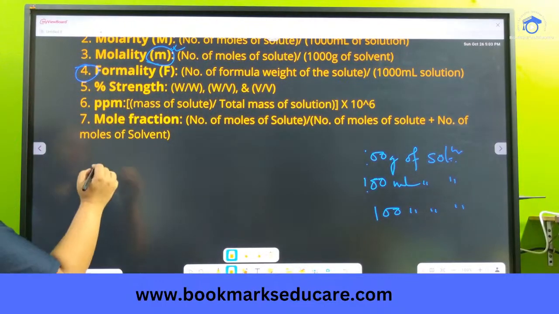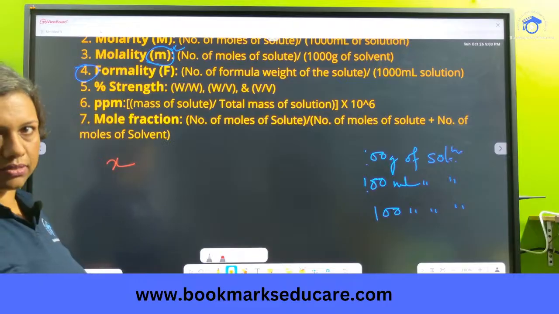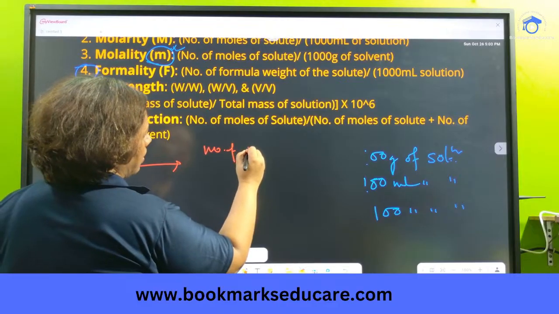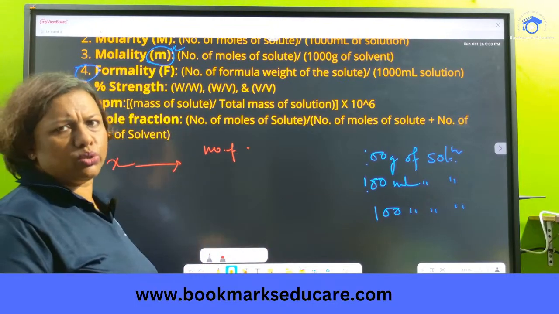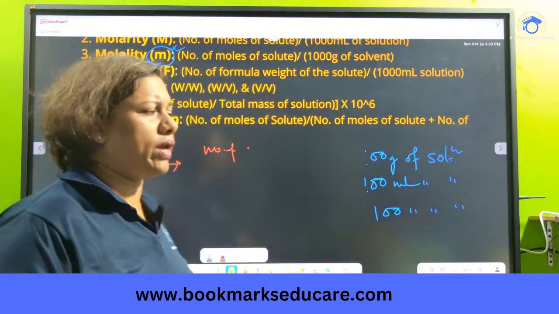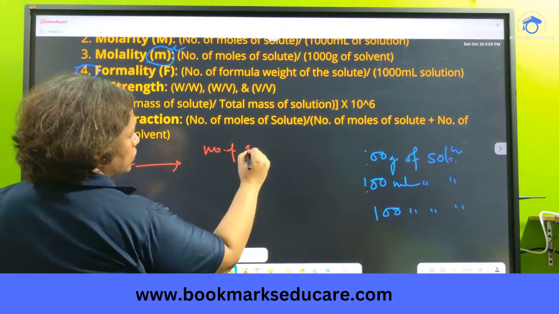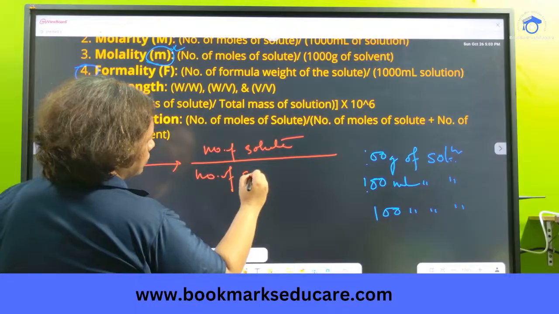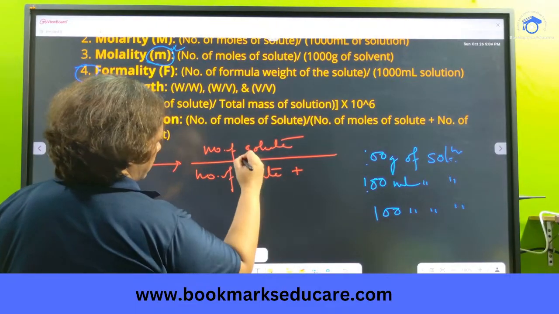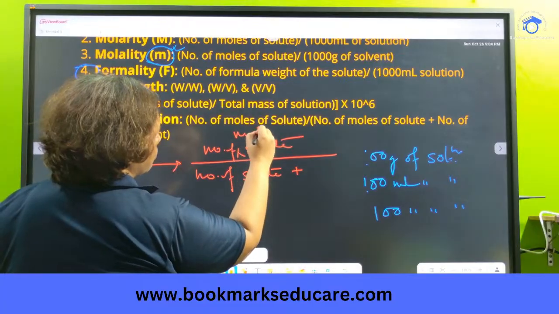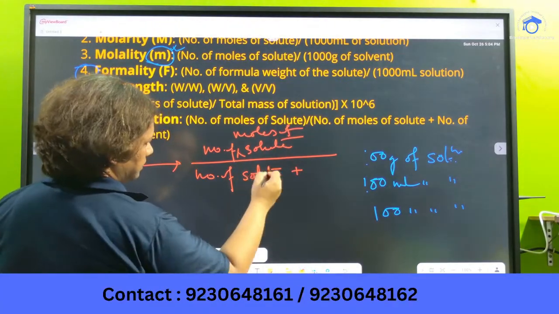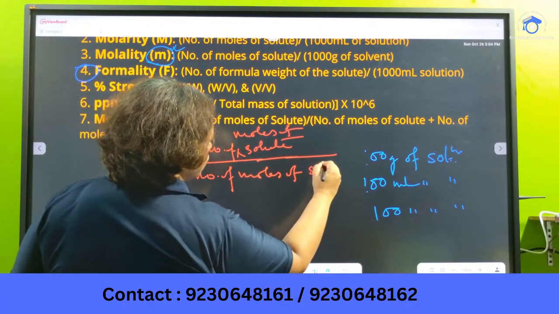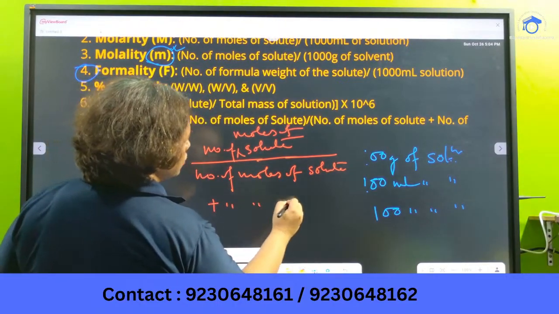So what is mole fraction? Mole fraction is denoted by X. This is the solution, so we can say in terms of solute and solvent. Mole fraction of solute is the number of moles of solute divided by number of moles of solute plus number of moles of solvent.